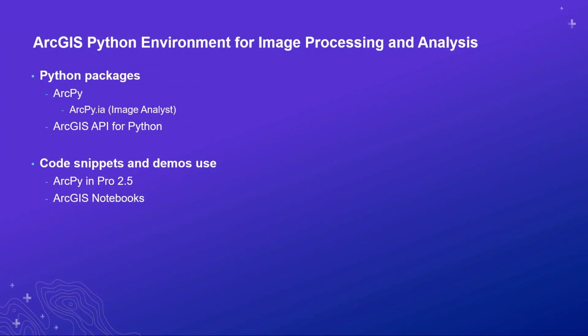And ArcGIS also comes with a Python environment for Python users. All the image capabilities we went through in the previous slides are also available for Python. So the platform comes with two packages. One is ArcPy, which is a desktop solution. In this package, there is an arcpy.ia module, which is the image analysis module.